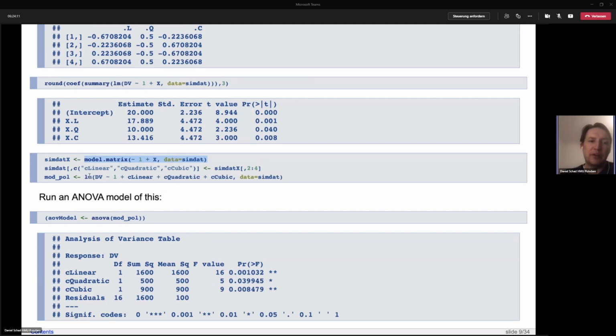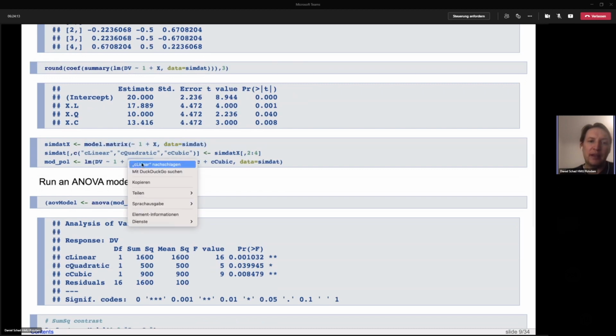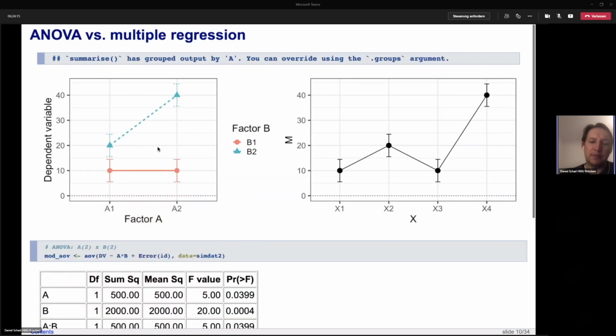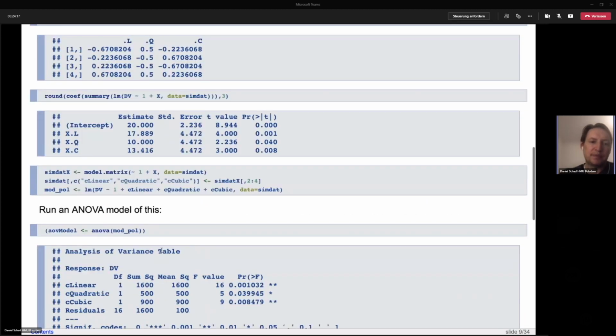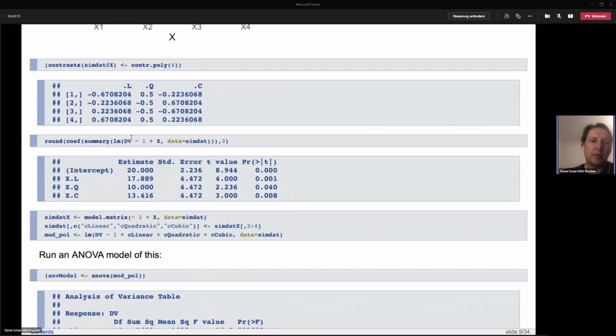Okay. So now we can run the model again. This is the same model as the one above with the factor x. But now this factor x has 3 contrasts, linear, quadratic, and cubic, and here we specify them separately. But otherwise, it's exactly the same model.